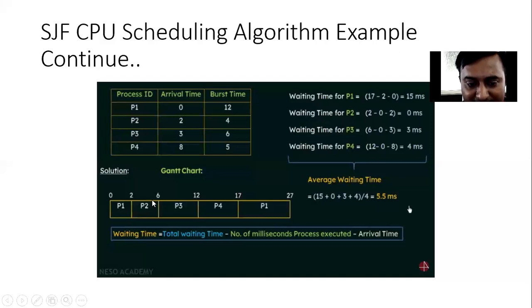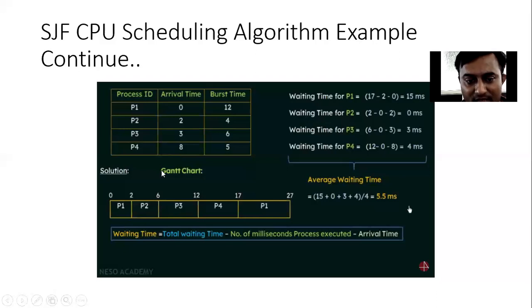At 5 milliseconds, again we need to check, is there any other process arrived in the ready queue? No. So again we need to update the burst time of P2. So now the burst time of P2 is what? 1. So 1 is less than the available processes in the ready queue. So definitely P2 again continues its execution up to 6 milliseconds.